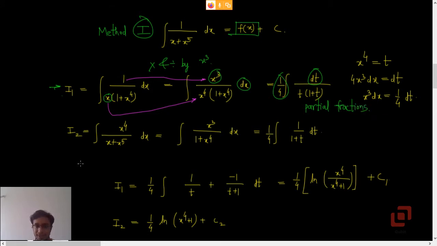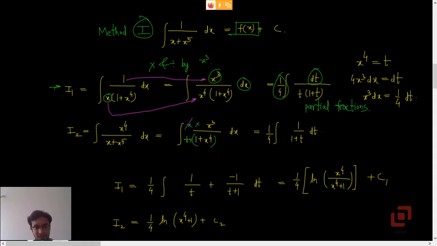Let us now go to I2. In I2, again take x common from the numerator and x common from the denominator. Okay, so x raised to 4 will be x into x cube, and x plus x raised to 5 will be x into 1 plus x raised to 4.